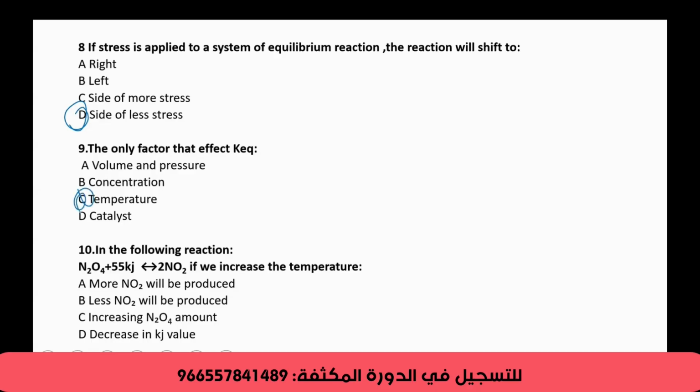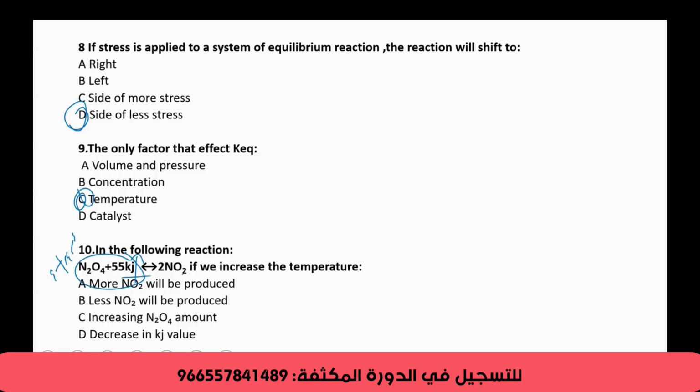At constant temperature, remember. In the following reaction, if we increase the temperature, yalla, first of all, look for the word heat. I didn't write the word heat, but I have kilojoules. So if you increase the temperature, this part will be affected. So circle it and write the word stress.